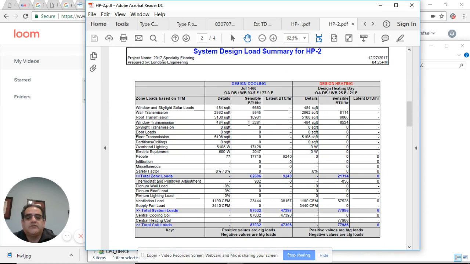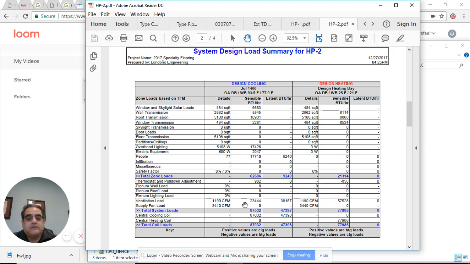We can do a lot of things to this wall, and it's not going to make one bit of difference when it comes to this total load. The overhead lighting, what is that? 10%. It's 17,000 of 130,000, so a little over 10%. Electrical equipment is not making a big difference. Some computers and one refrigerator is not going to make that big a difference in a building this size.